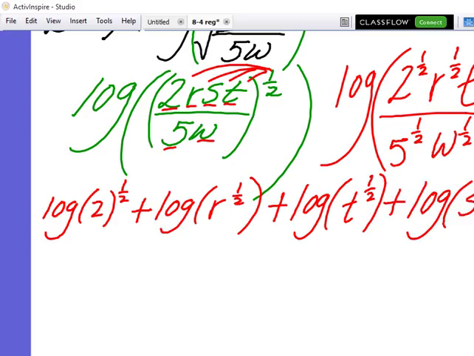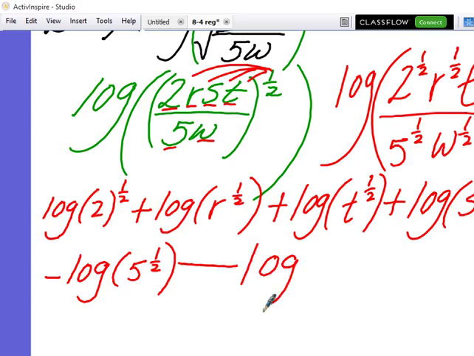All of a sudden we're dividing, so now we've got to subtract, minus log of 5 to the 1/2. Now w is on bottom, so we've got to subtract, minus log of w to the 1/2. Now our last step would be taking all those exponents and putting them out front.